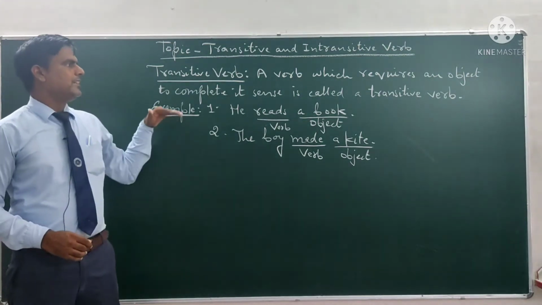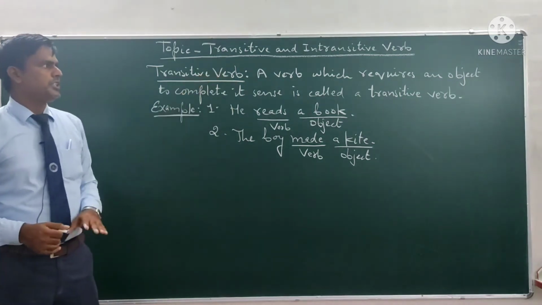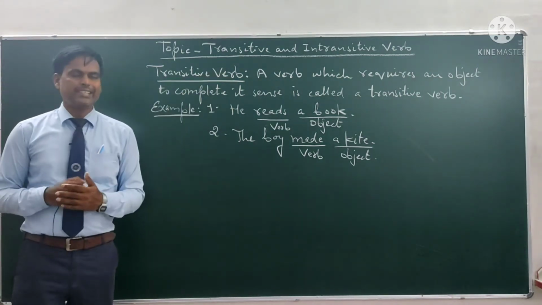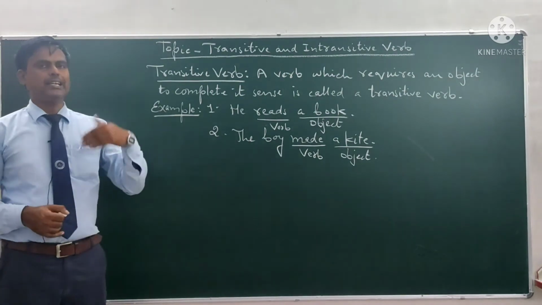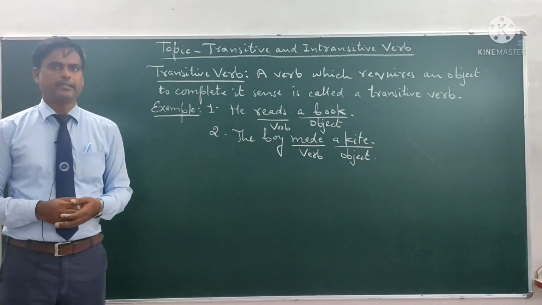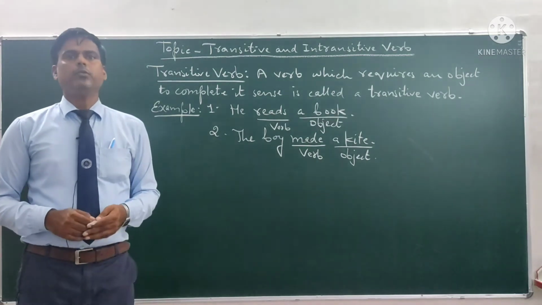So this is the transitive verb. A verb which requires an object to complete its sense is called a transitive verb. It takes an object to complete its sense. Now let us see the intransitive verb.